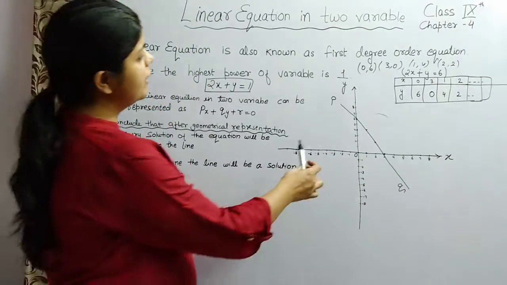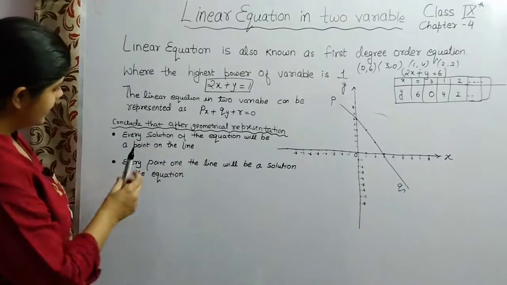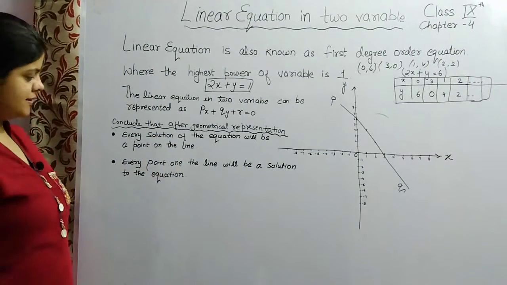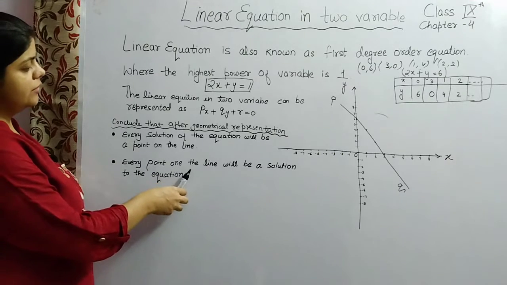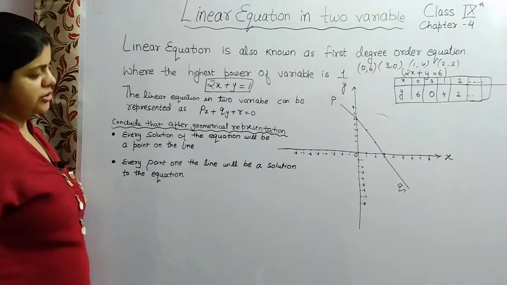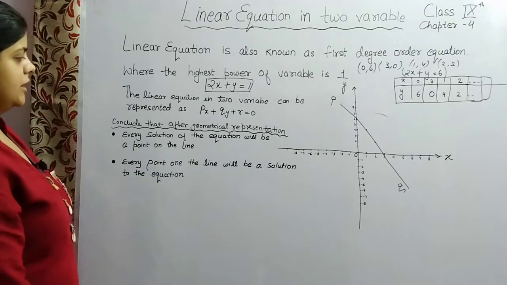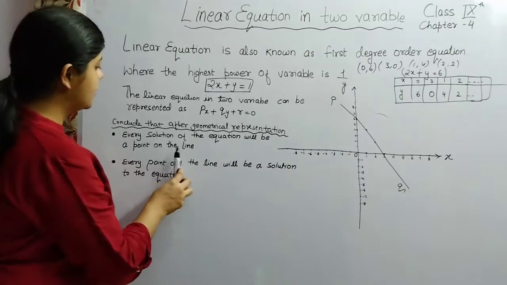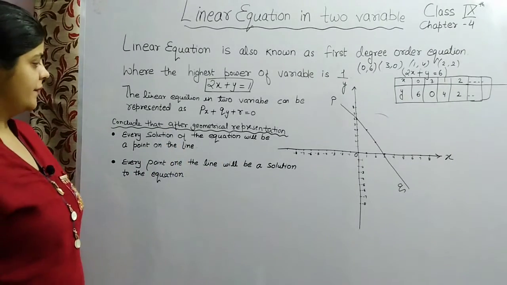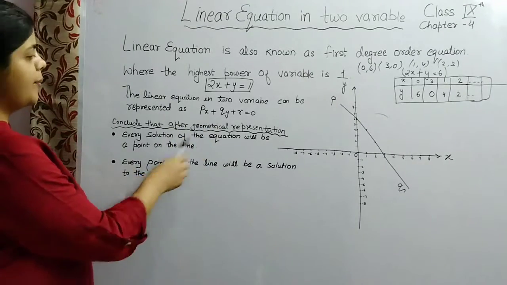Now, what do we conclude after this presentation? We have written here the important points. First, every solution of the equation will be a point on the line. Every solution of the equation will be a point on the line.